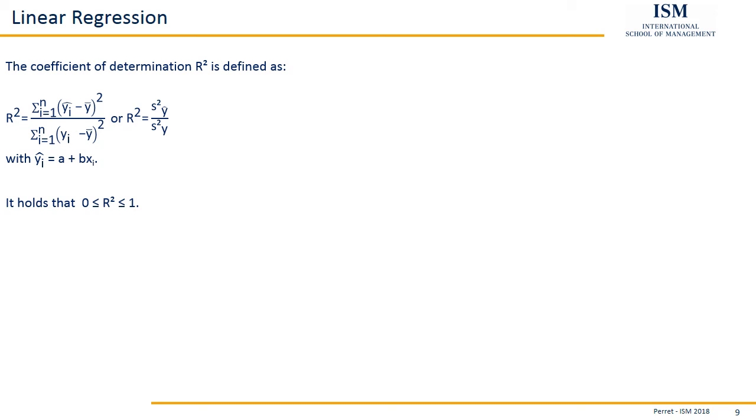We know that it always takes values between 0 and 1, meaning if we have a value of 0, we can explain nothing of our variance of y. So considering the mean is as good as considering any kind of regression line. This is the worst result possible. The best result would be 1, so we have a perfect fit on all data points. So we have basically a straight line through all the data points.